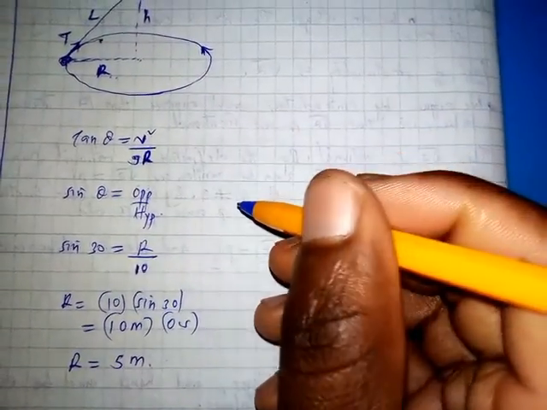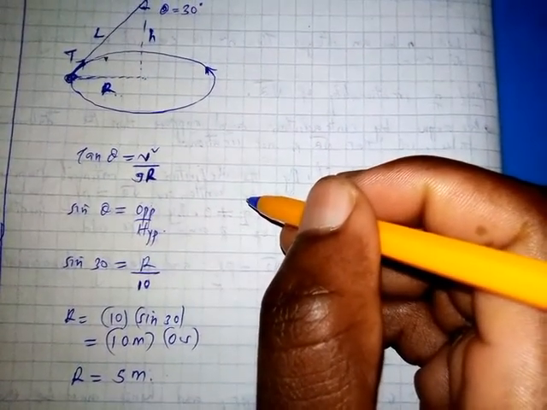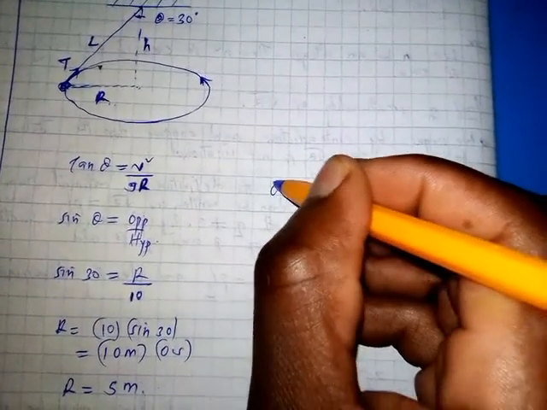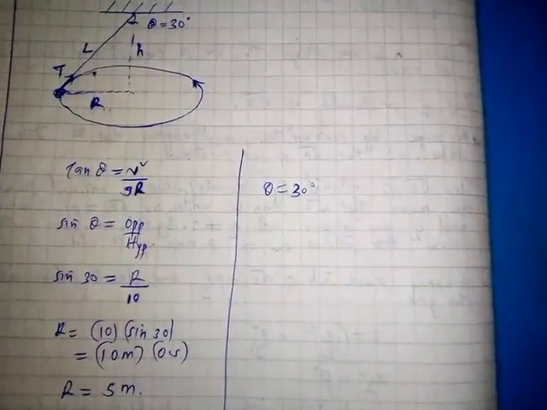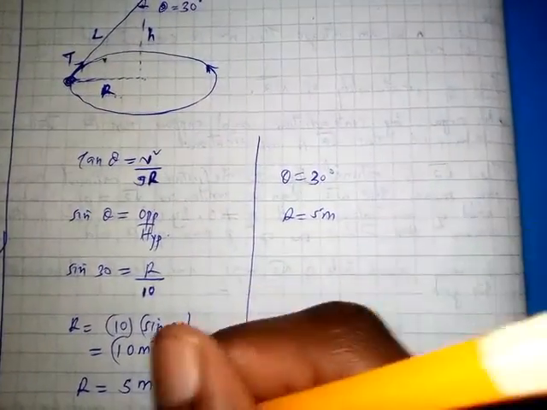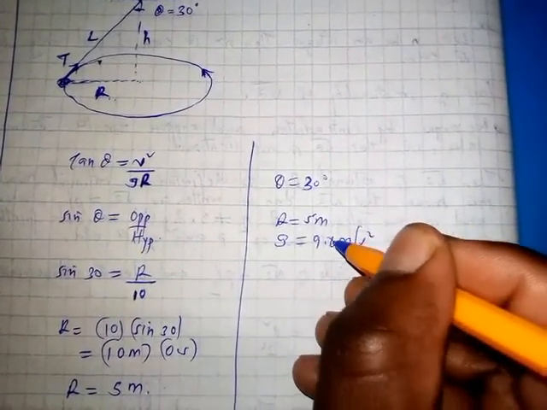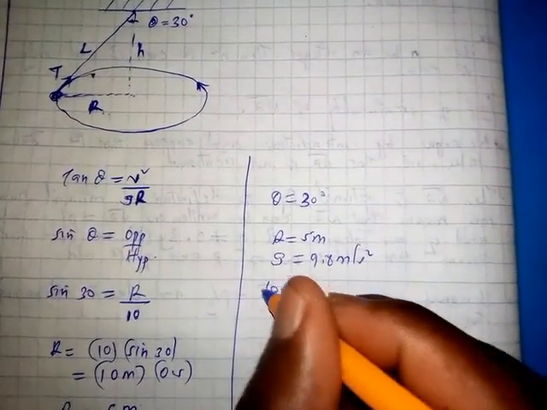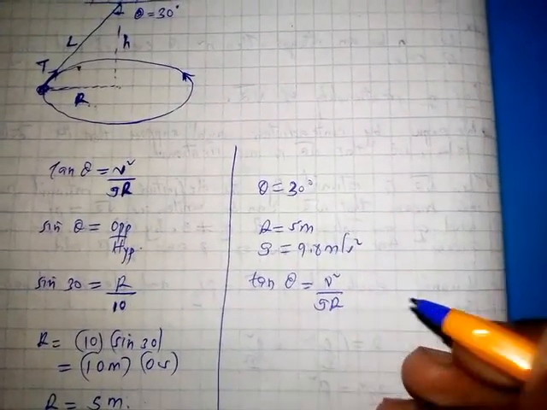Are we there? So up to this point we can find v. Theta is 30 degrees, r is 5 meters, and I found that g is 9.8 meters per second squared. So solving for v, tan theta is equal to v squared over gr.